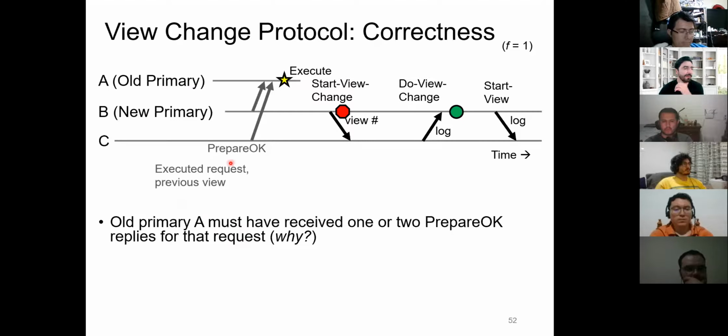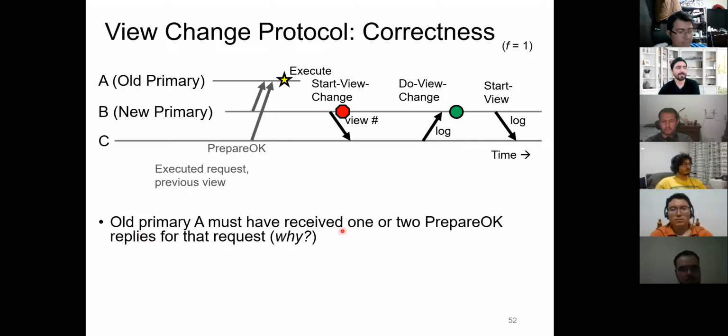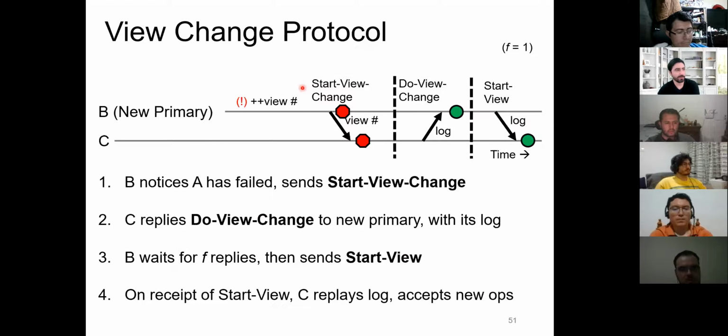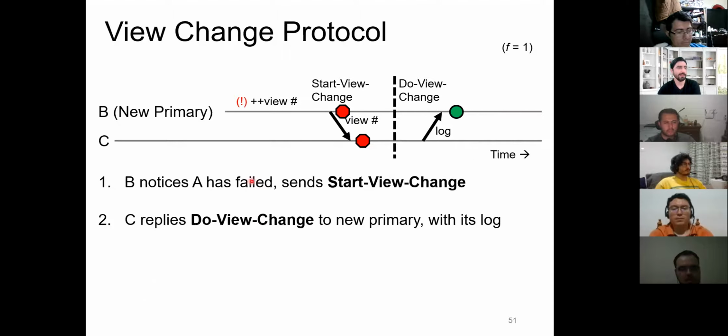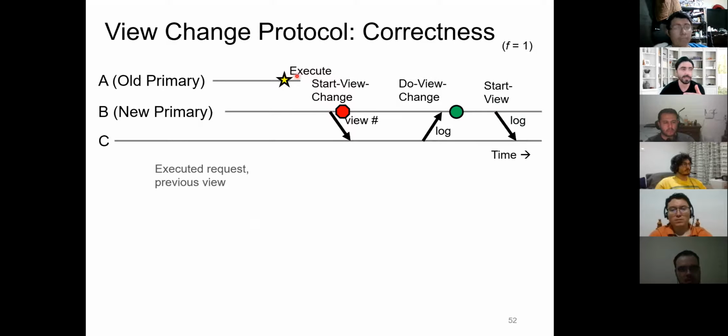And remember we were saying that the old primary, which is A, executed these operations. What I wanted to discuss here: the old primary A must have received one or more prepare OK replies for that request. Remember, the old primary is executing the operations in the old view, and the new primary, which is B, is executing operations in the new view.